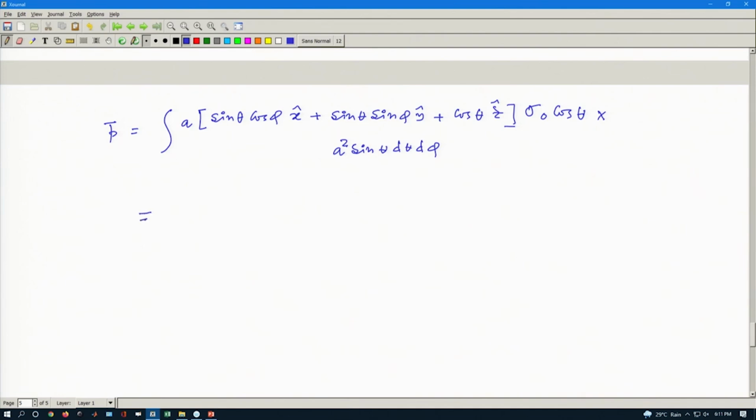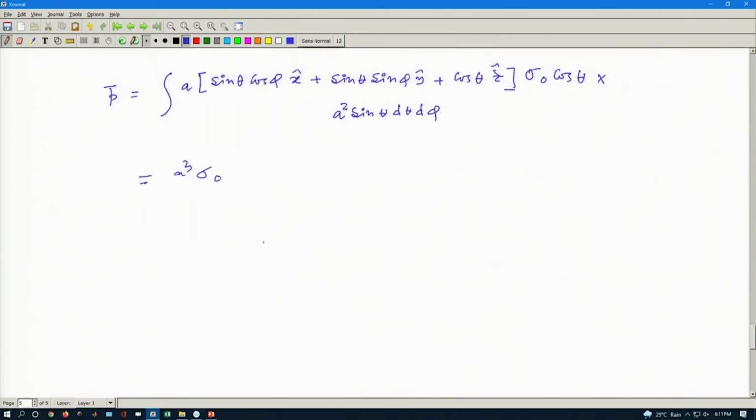So let us take this a square outside, it becomes a cube because another a is sitting here. So it becomes a cube and sigma 0, and now the integration has so many different parts. So let me do one by one.